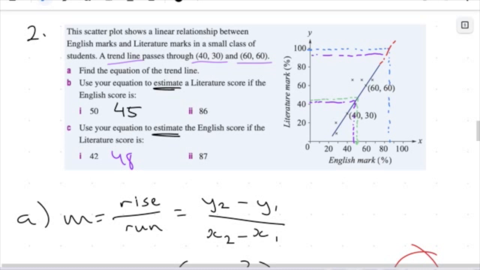So now that we have a line and a linear relationship between the variables, if we can draw a line of best fit, then we can start trying to make some predictions about values that either lie inside of our data set, interpolation, or outside of our data range, which is extrapolation.